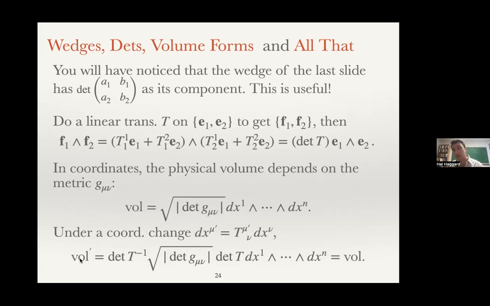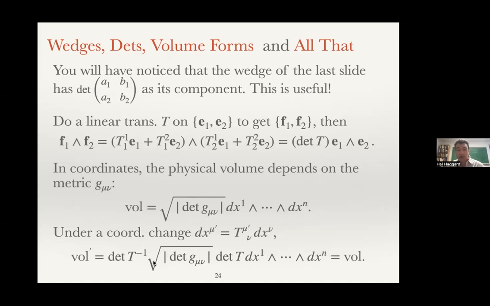And indeed, the volume form is invariant under such transformations. Just to give you a hint on how to do that calculation, imagine evaluating g on various basis vectors, and then see how those transform, see how g transforms under that change in coordinates, and then calculate the determinant and see how this works.